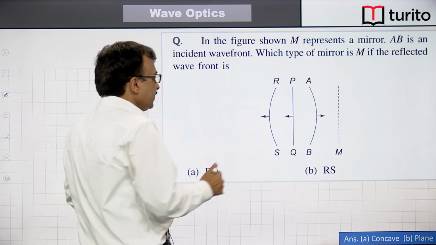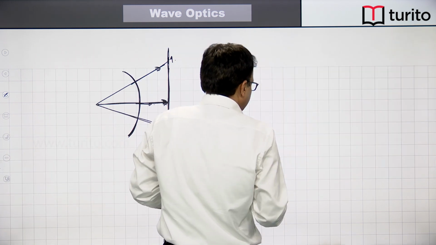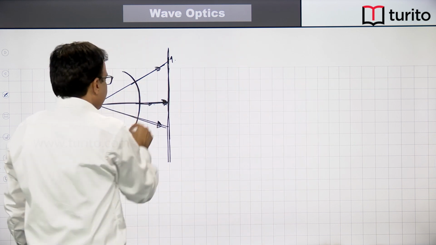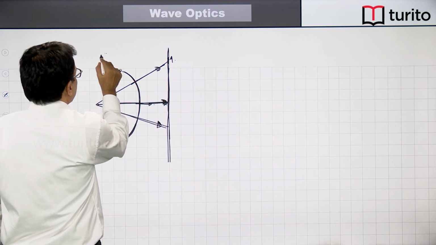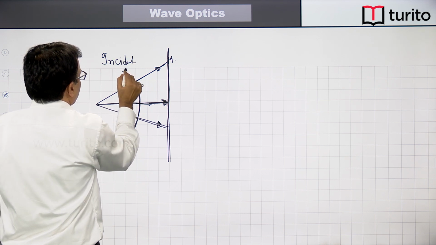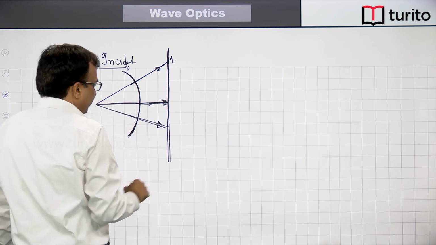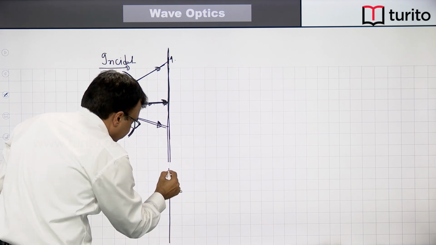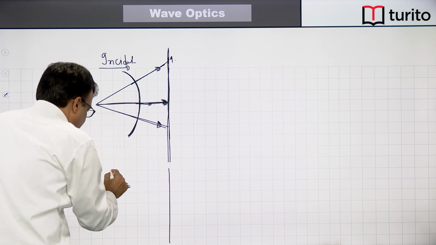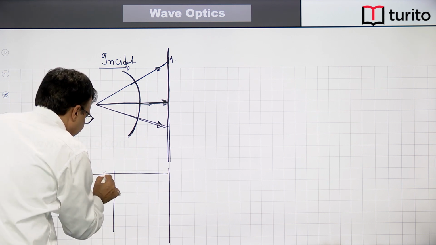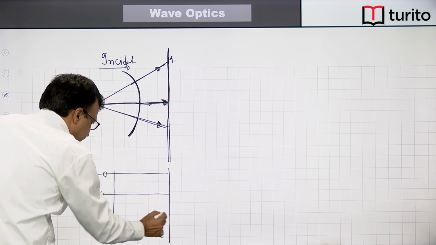And in the question they have said that PQ is the reflected wavefront. So if this is the incident wavefront, and after reflection the shape of the wavefront is plane, that is, after reflection the waves become parallel.